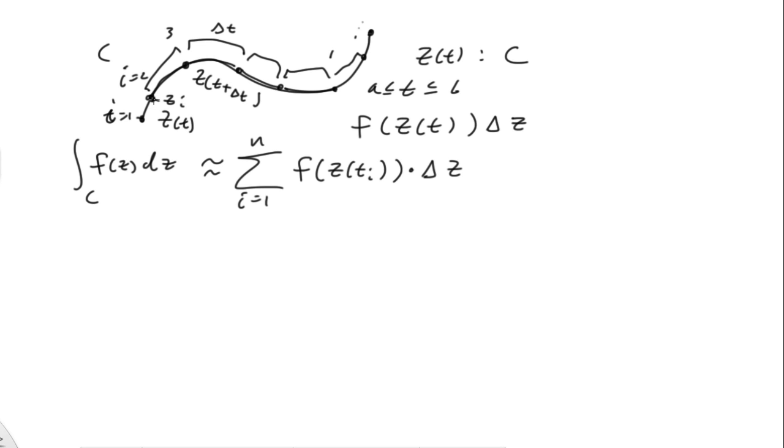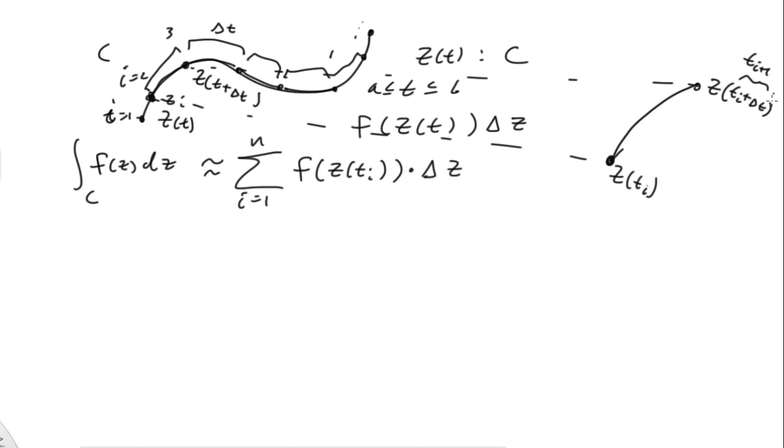So delta z is going to be, I'm going to blow this up big. This will be the point there to there, and again, that's this contour that's going like that. So if this is z at t i, and that's z at t i plus delta t, or otherwise we would call this t i plus 1, then delta z is this vector that lies between the two.